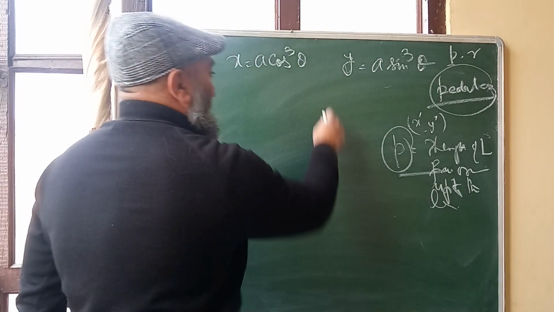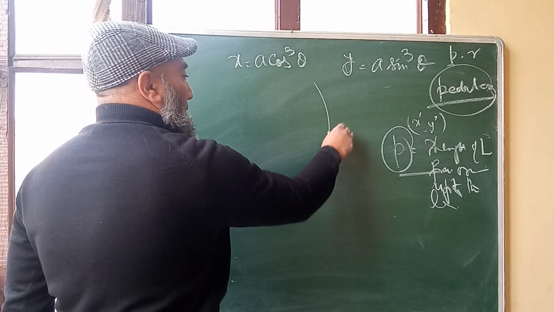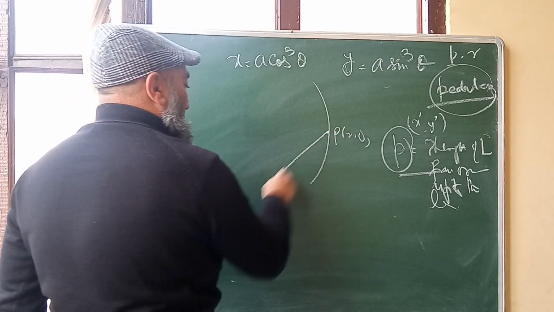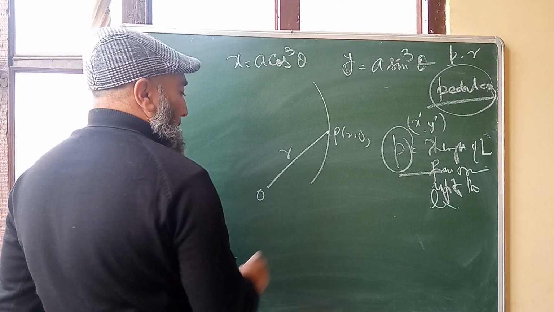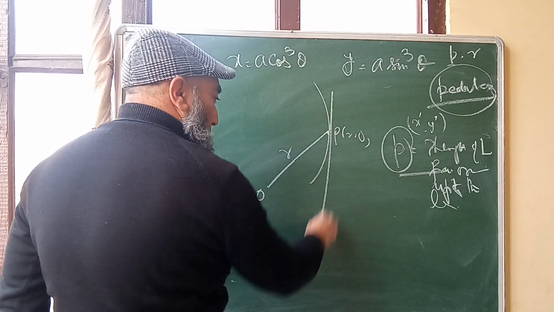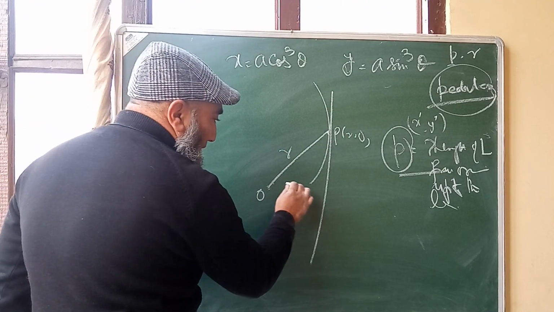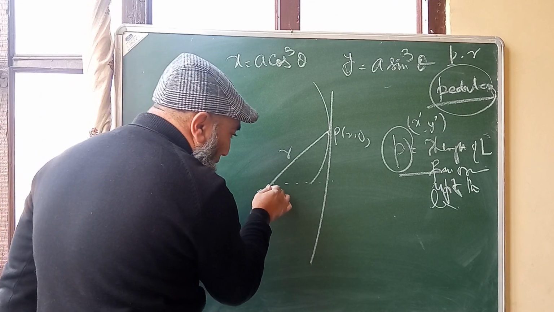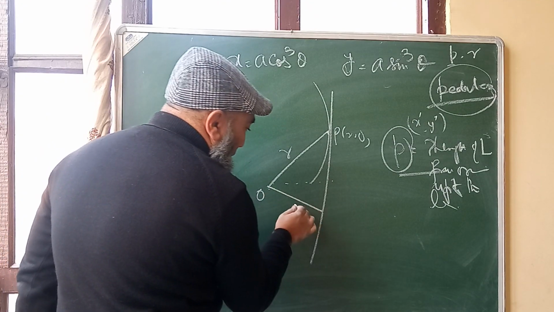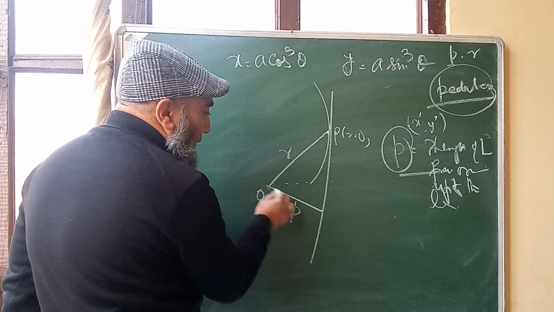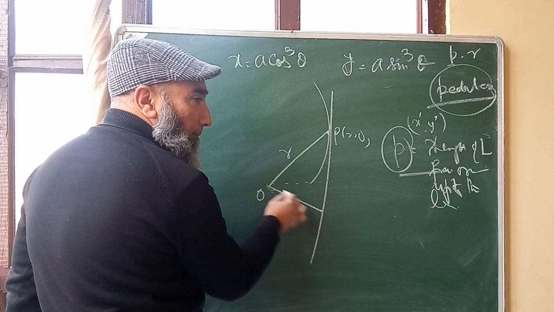Right? P and R, you remember that this is P, R, theta, this is the pole, this is R, and this is the tangent. This is not the initial axis, this is the perpendicular from the pole on the tangent. So I have to take the length of this.